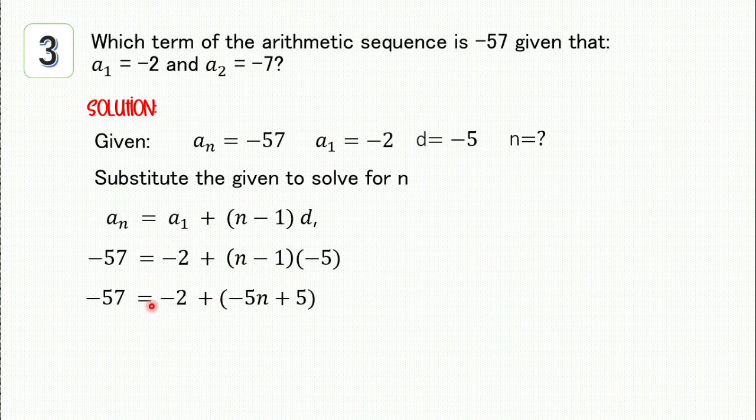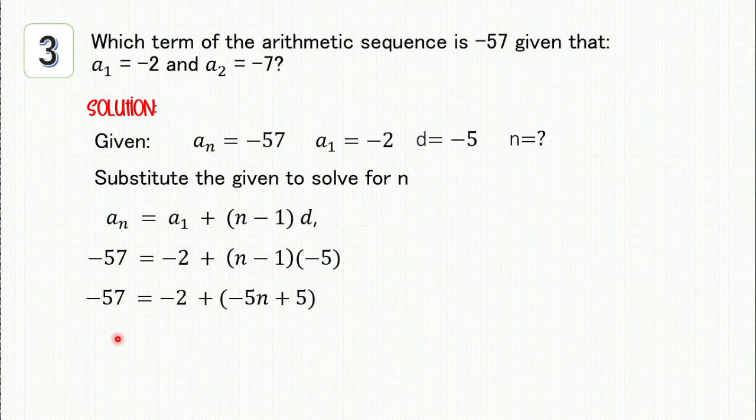It will give us, kukopyahin lang natin yung negative 57 equals negative 2 plus, pag i-distribute natin, negative 5 times n, it will give us negative 5n. Tapos, negative 5 times negative 1, since pareho yung sign, pag mag-multiply ka ng same sign, so magiging positive siya. That is why positive 5.